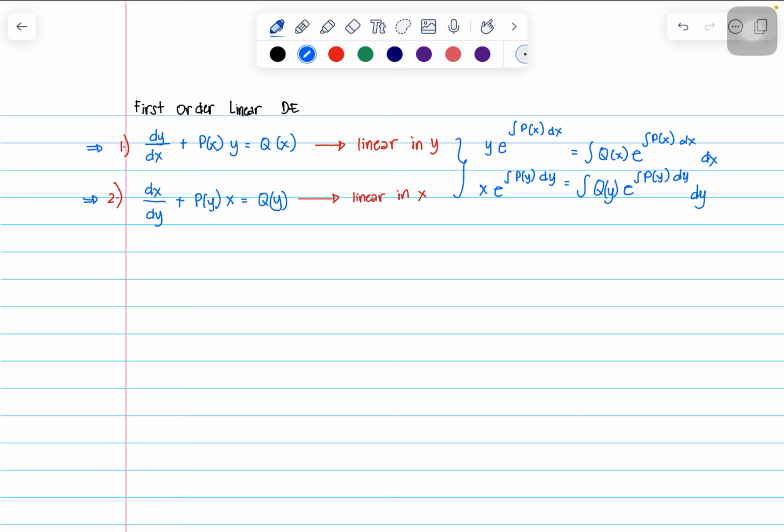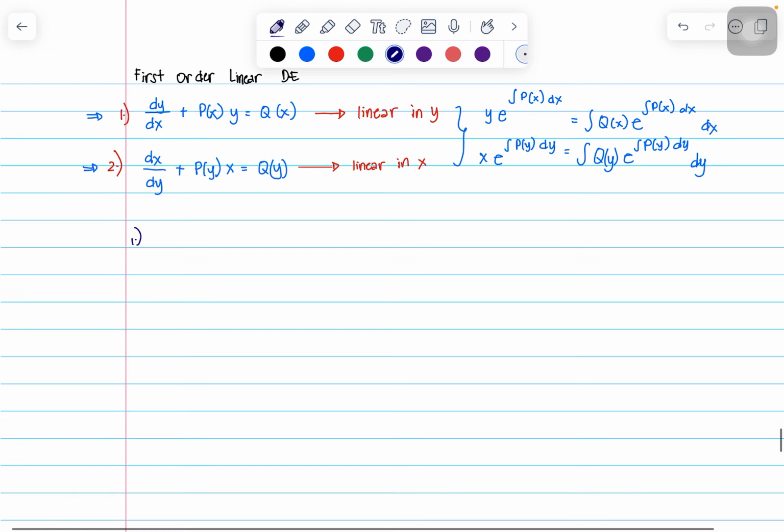It could be in terms of di over dt, or even any functions of time and rates, etc. So for uniformity, I'm using x and y, but it could also be i and t or any other variable.